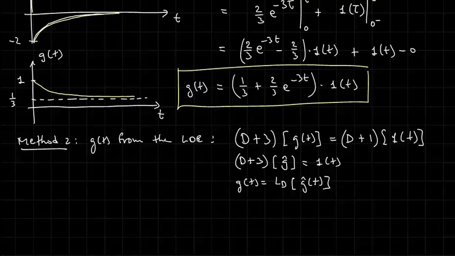This is exactly analogous to what we did when finding the initial conditions for h of t. So let's solve for g hat. It has a particular solution, and a homogeneous solution that is simply some constant k1 e to the minus 3t.